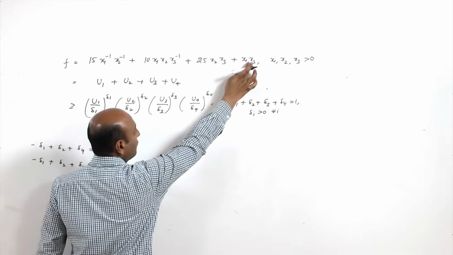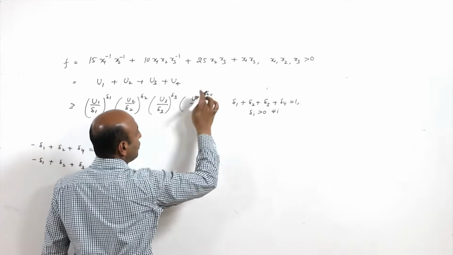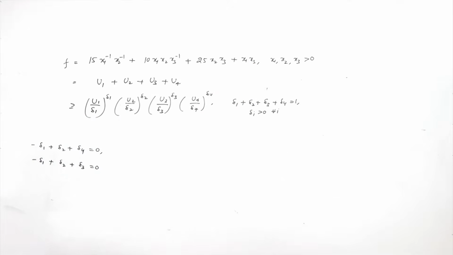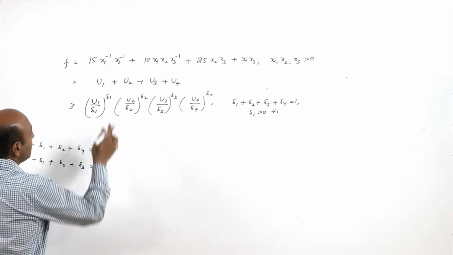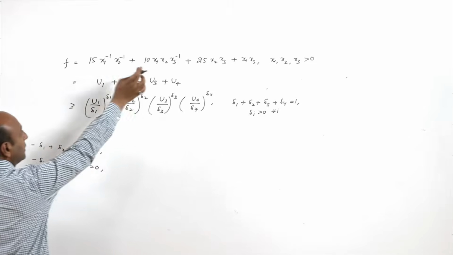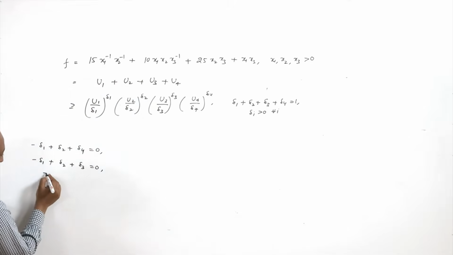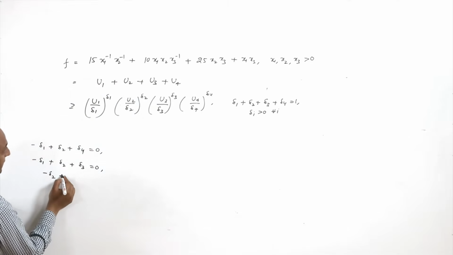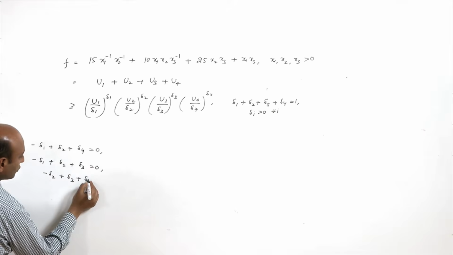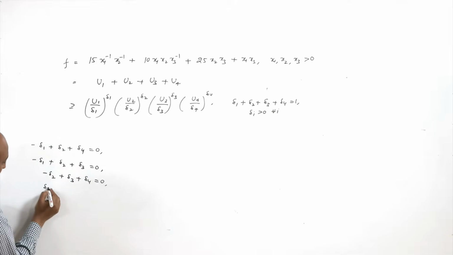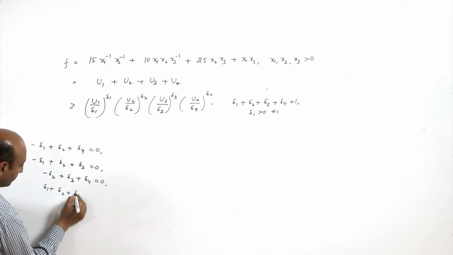There is no term of x2 over here, so no delta 4. Now, for the third variable x3, it is minus delta 2 plus delta 3 plus delta 4 equal to 0, and also the sum of deltas is 1, as we already know.